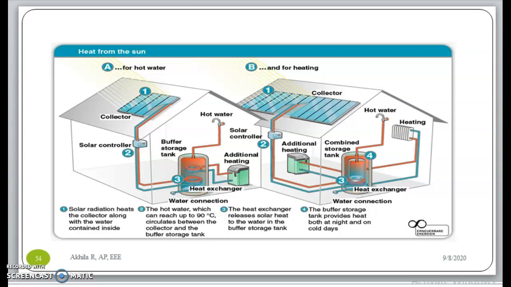In the second stage, the hot water, which can reach up to 90 degrees Celsius, circulates between the collector and the buffer storage tank. The third portion is the heat exchanger. The heat exchanger releases solar heat to the water in the buffer storage tank. And in the fourth portion, the buffer storage tank is providing heat both at night and on days. So basically we can use it for hot water as well as for heating.